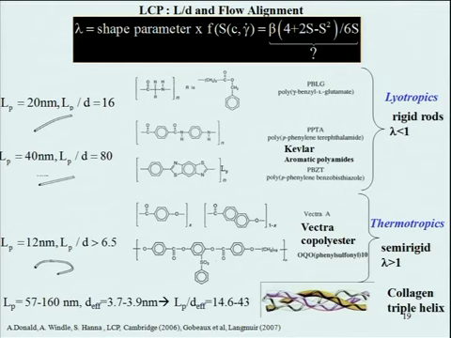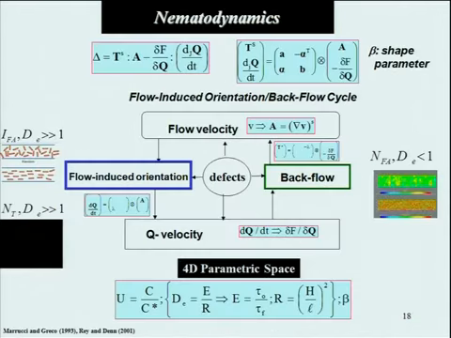We talked about L over D. So, sorry, I just want to say something here. The simplest nematodynamic flow problem with nematics has 4 parameters. One is the concentration, the other one is the ratio of time scales, and the other is the ratio of length scales squared. And the 4th parameter is the so-called shape parameter, beta, which controls the coupling between flow velocity and Q tensor velocity.